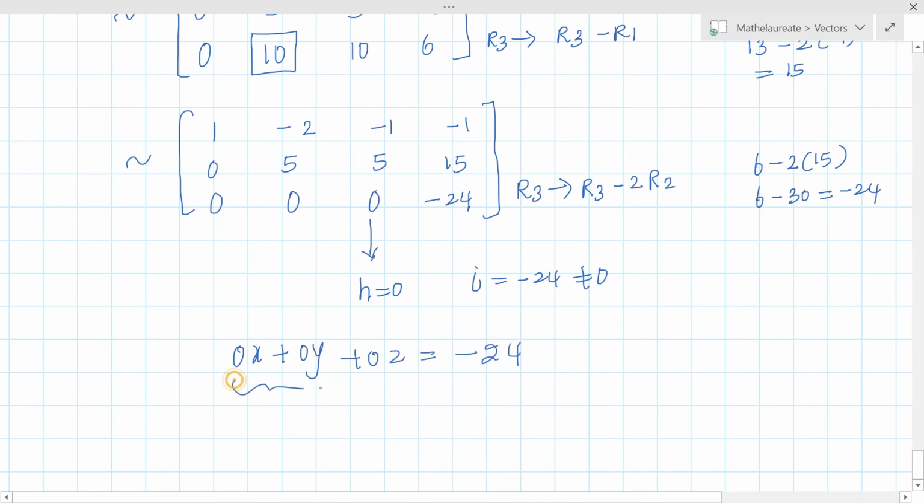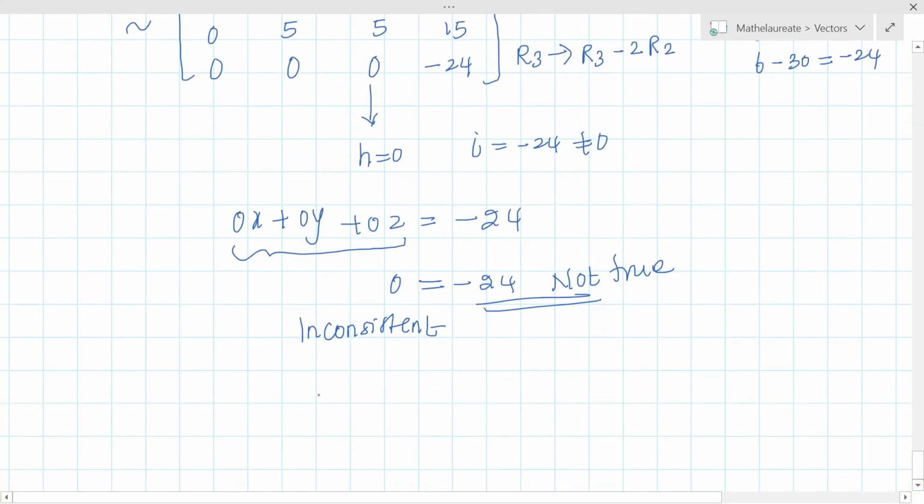Since all these coefficients are zeros, you get 0 equal to minus 24, which is not true. So we can conclude that the simultaneous linear equations we got here are inconsistent. Hence no solution exists.